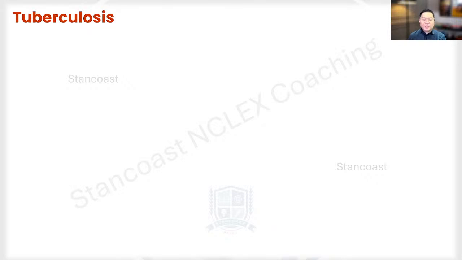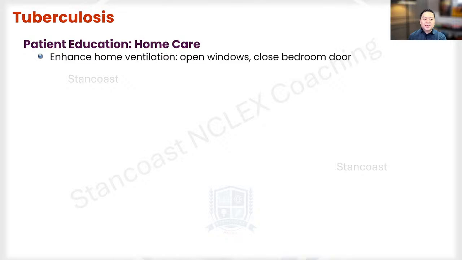Now we're going to talk about the different patient teaching that would be very important, and you might be asked about this patient education once the patient is going to be discharged to the home setting. Now, we are definitely going to encourage them to enhance their home ventilation, okay?